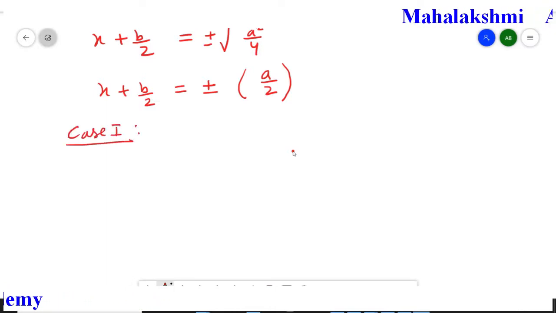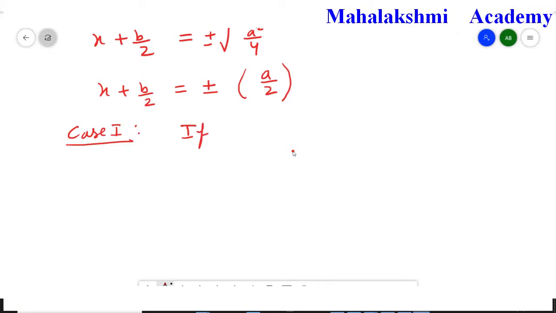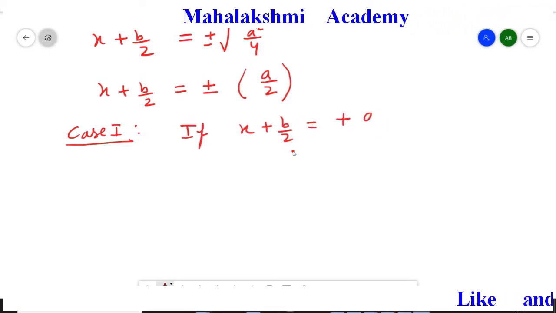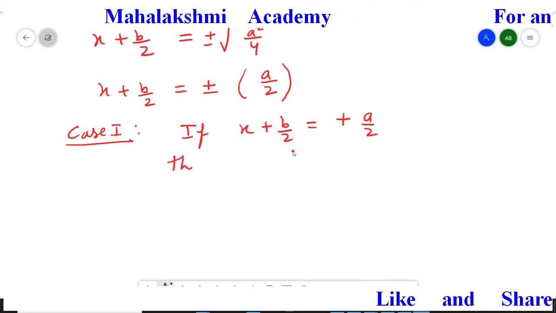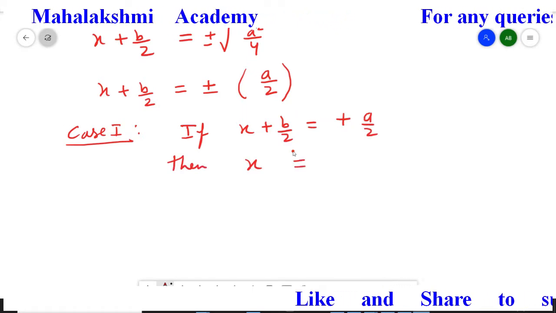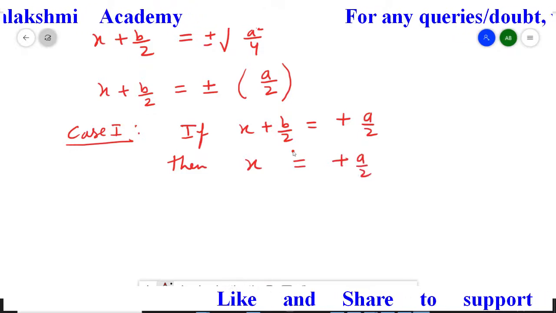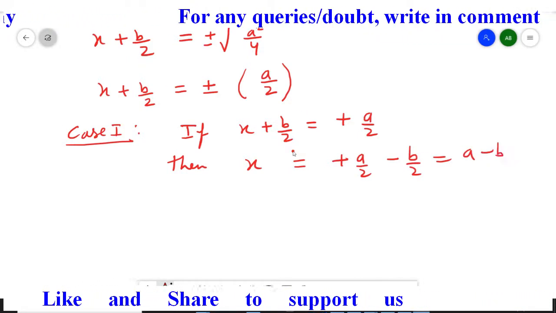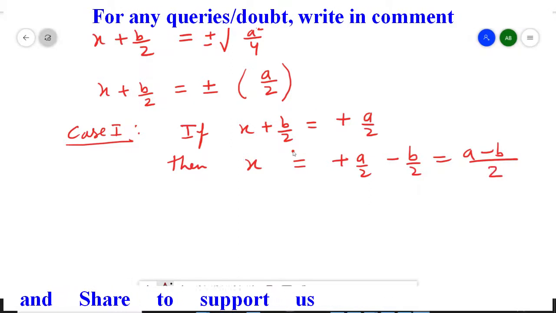Case first: if x plus b upon 2 is equal to plus a upon 2, then x is equal to plus a upon 2 minus b upon 2, which we can take the LCM of and write as (a minus b) upon 2.